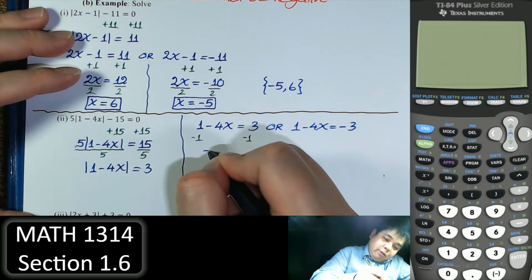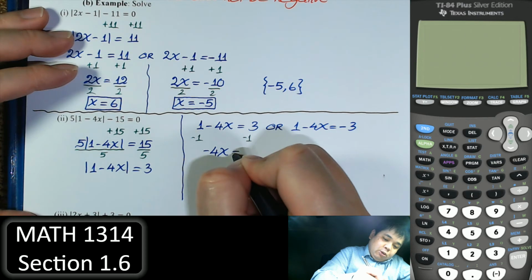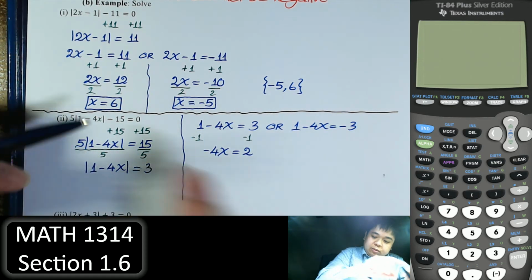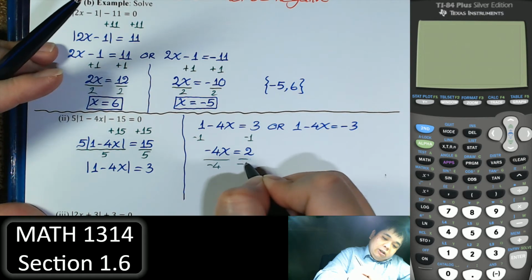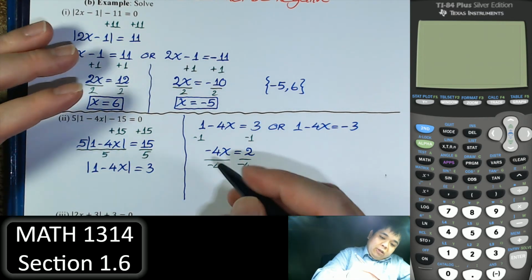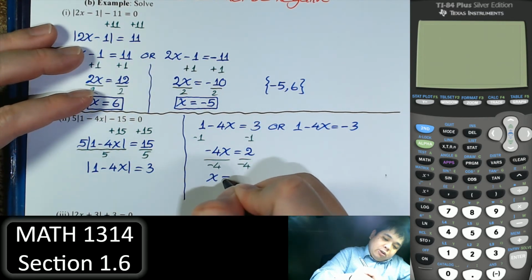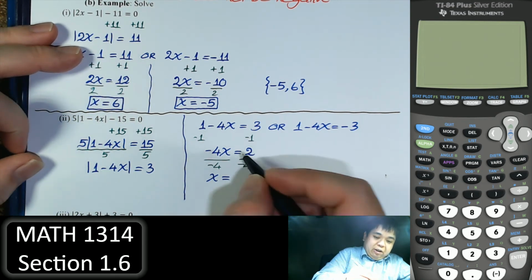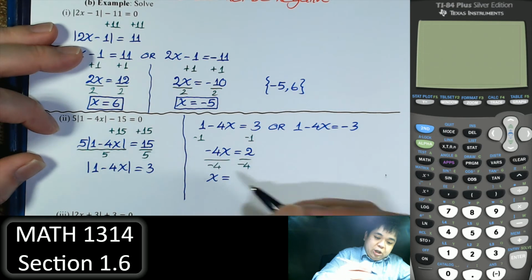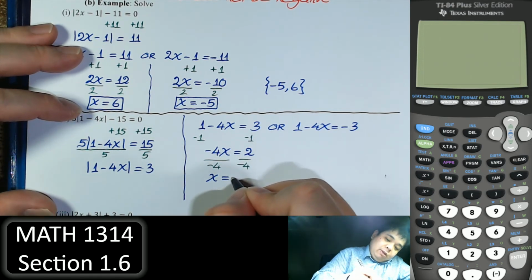Subtract 1 on both sides. So negative 4x equal to 2. And divide by negative 4 on both sides. So x equal to 2 over negative 4. Divide by 2 on the top and the bottom. We have negative 1 over 2.